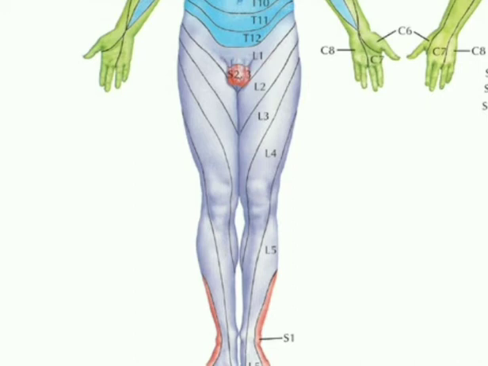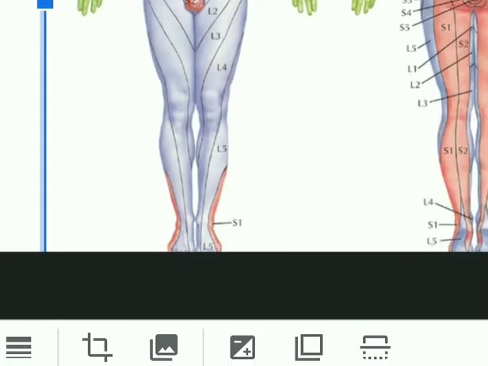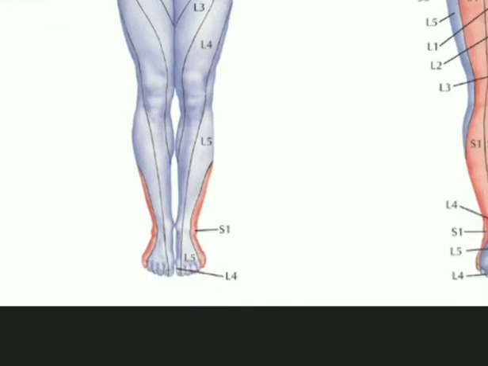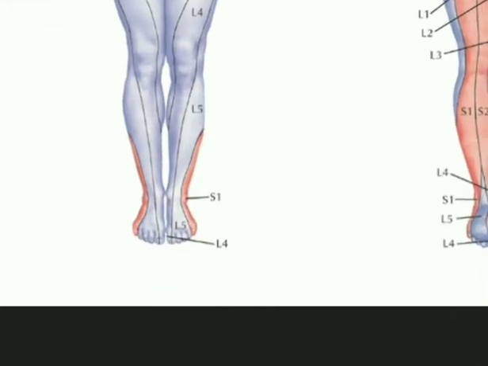L4 also enters into the ankle region, and here you can see L5, which enters into the first 4 toes and bottom of the foot. And S1 is your last little toe. Those are your sacral.